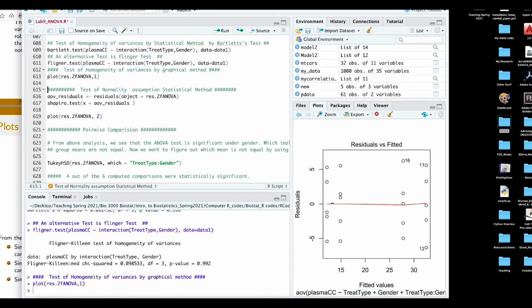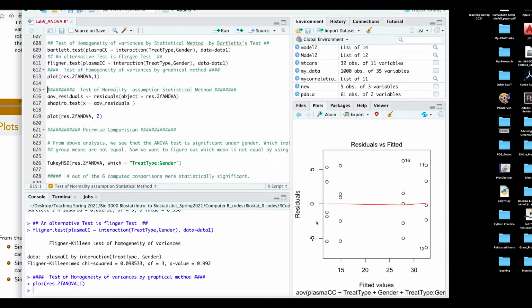Whenever you see that this red line, which is the average, is almost equal or very close to the dotted line, you see that the variances are equal. For each x value, the y values are equally scattered around the mean, right?